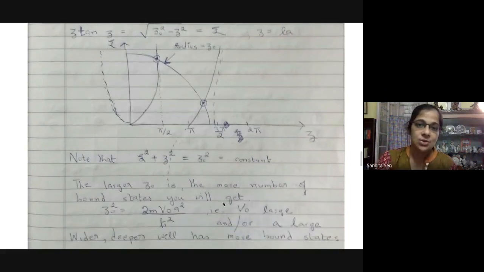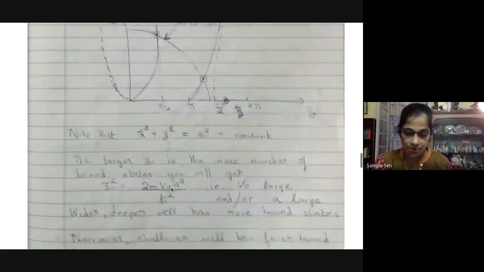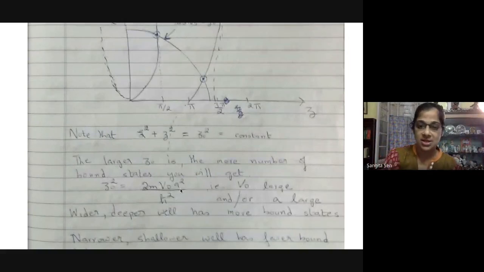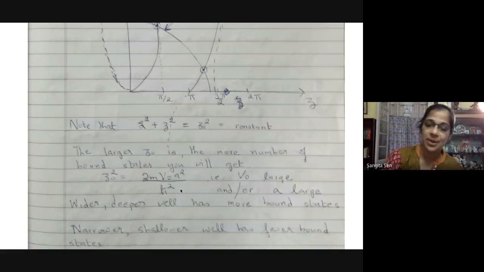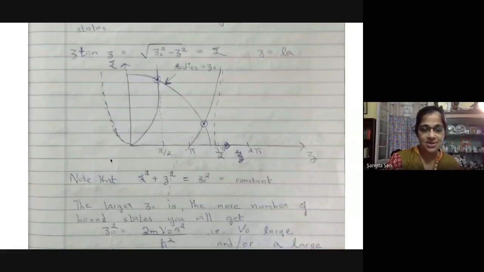Okay. So it tells me that the larger the value of V0 and or A, the larger the number of bound states you will have. So a wide, deep well has more bound states. Also, since this Z tan Z plot passes through 0, any finite value of Z0 will have at least one point of intersection.